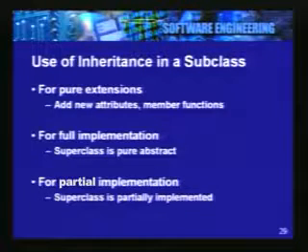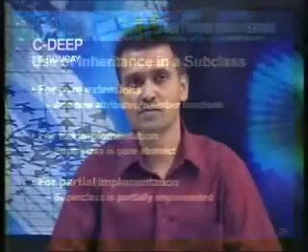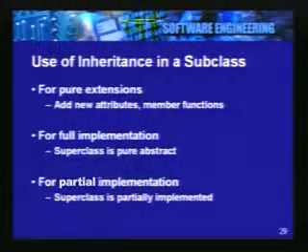You can add new attributes, you can add new member functions. So your superclasses may be concrete classes, which we had described earlier, and you can then add new attributes and new member functions to those superclasses. Or you can use subclasses as full implementations. This is applicable when you have a pure abstract class as a superclass.